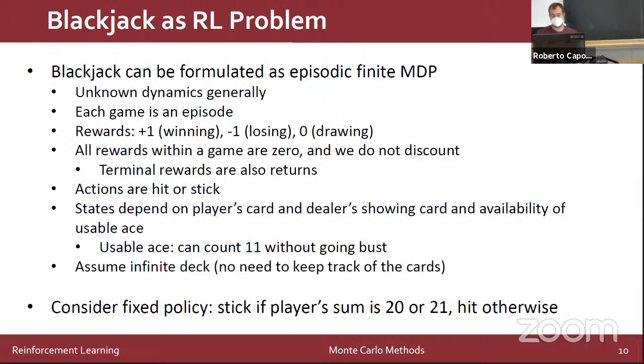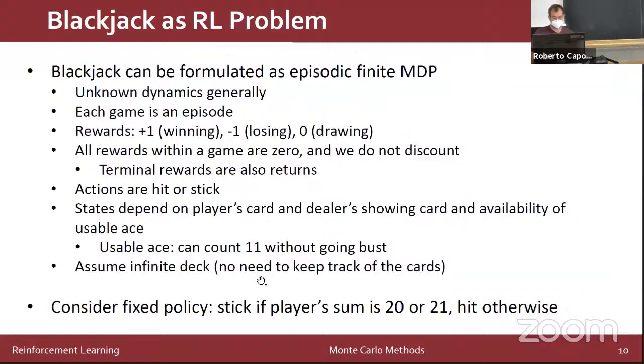We don't know the other cards. We have another piece of information in our state, which is whether there is a usable ace available, whether there is an ace that the agent can use or the dealer can use. We also assume that there is an infinite deck so that we don't need to keep track of the cards.